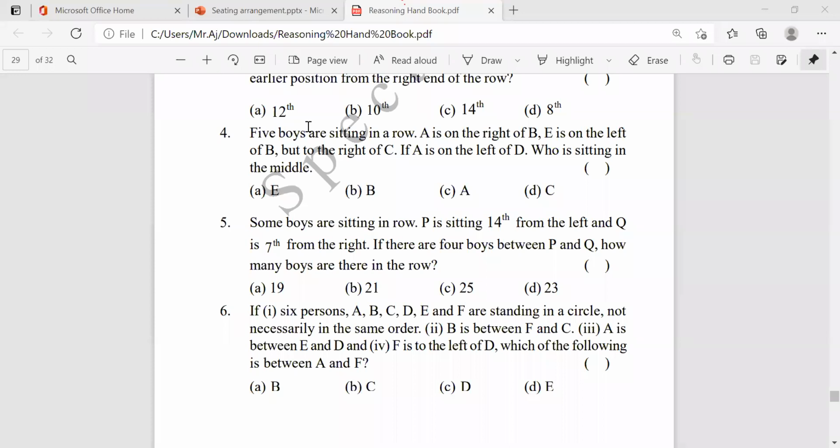They can use circular, rectangular, square, straight line or parallel lines. They will give many types of questions. Whenever they don't mention anything, the person faces north. You should know this first of all.